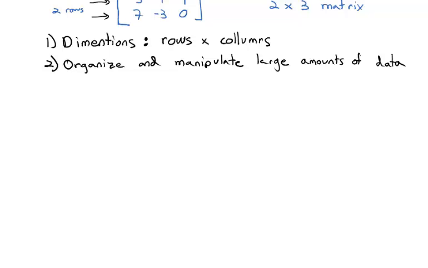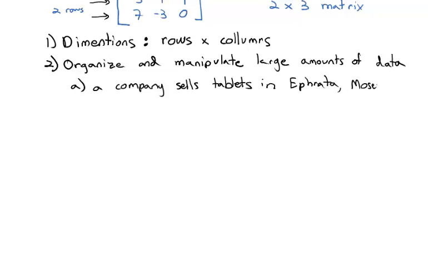We're going to oversimplify it here and say a company sells tablets in Ephrata, in Moses Lake, and in Soap Lake.